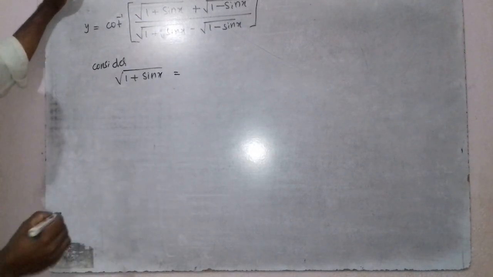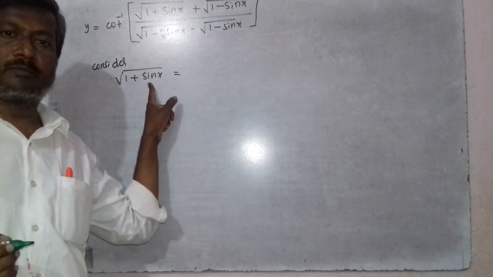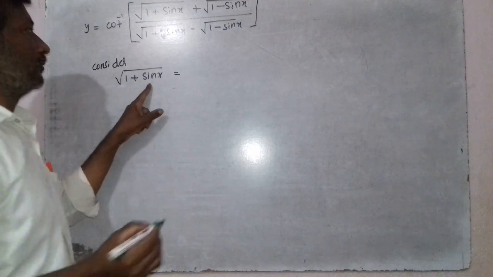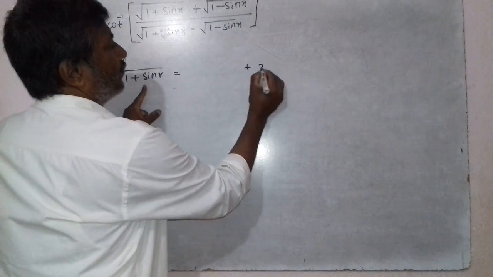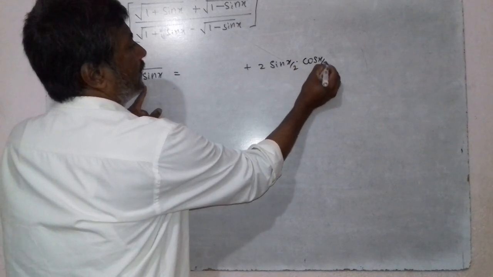So this is equal to, we know that sin x is equal to 2 sin(x/2) cos(x/2). So plus 2 sin(x/2) cos(x/2).